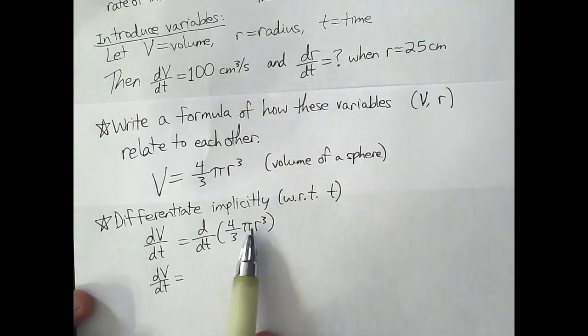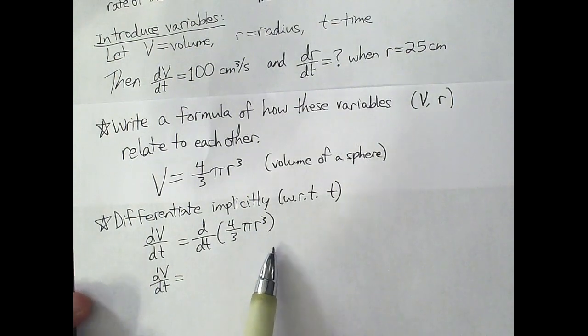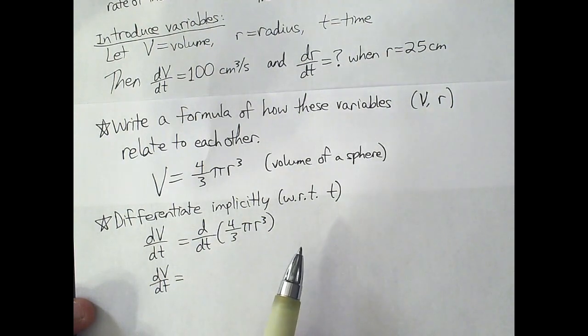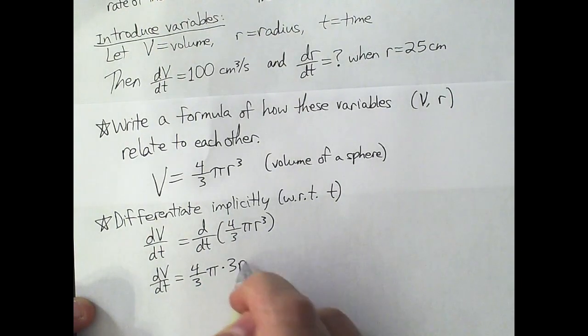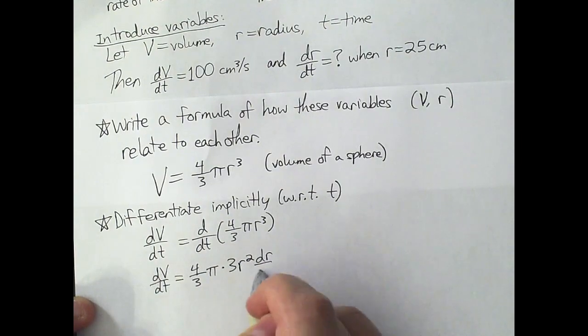It can be pulled out front. Pi is a constant. It can be pulled out front. So really, it's just d/dt of r cubed. And because we're doing implicit differentiation, this is going to be 3r squared, but then a dr/dt is going to pop out, right? Let's write it. 3r squared, and then a dr/dt pops out.